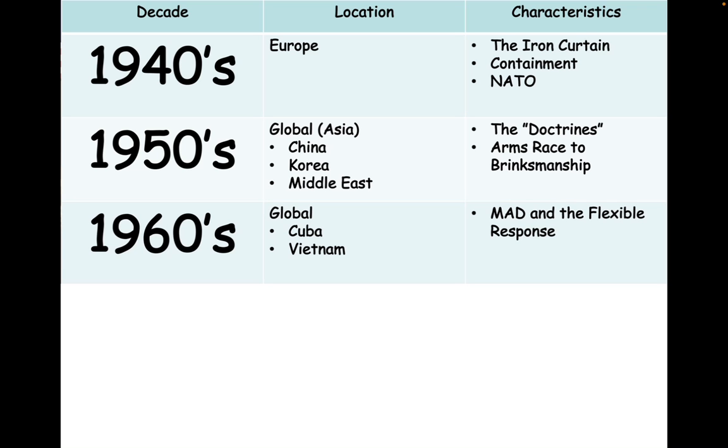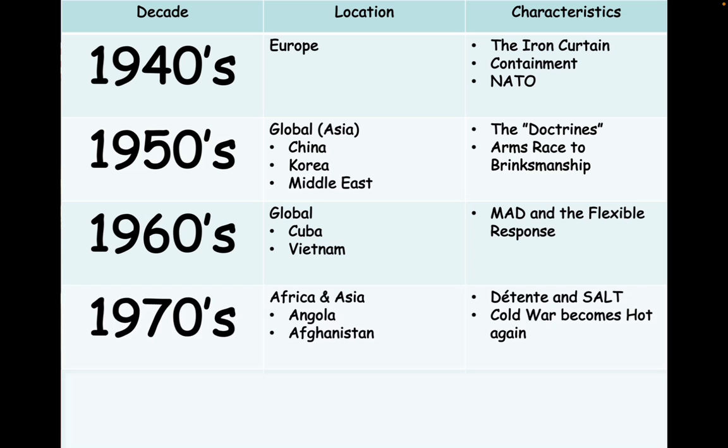And whereas the decade started with MAD, mutually assured destruction, because of the Cuban Missile Crisis and the closeness that we came to nuclear war, the flexible response was developed, moving away from nuclear development. During the 70s, we see Cold War proxy wars in Africa and Asia, most importantly Angola and Afghanistan.